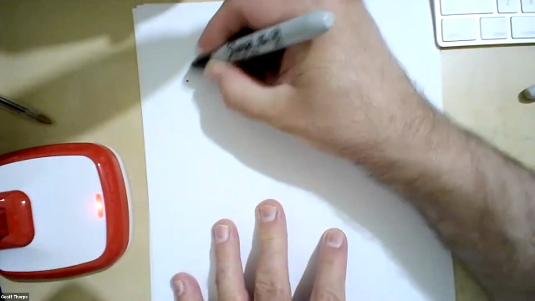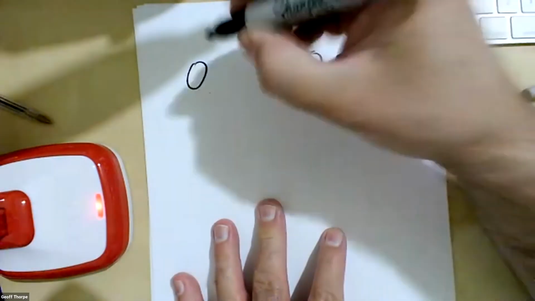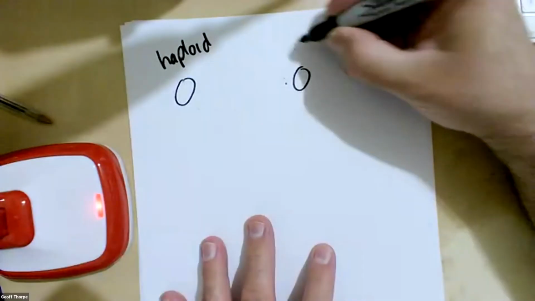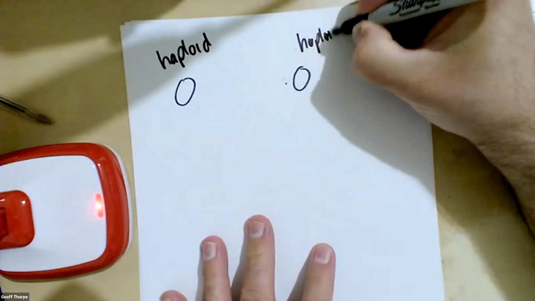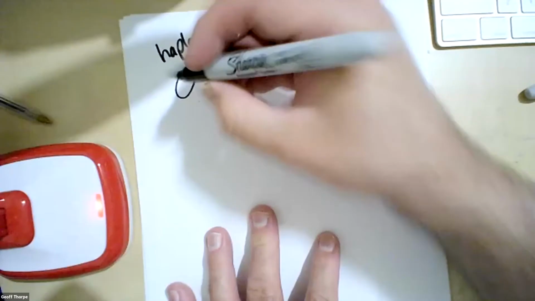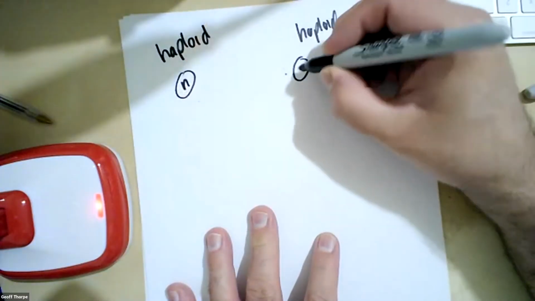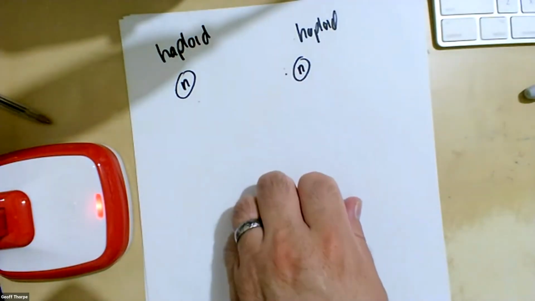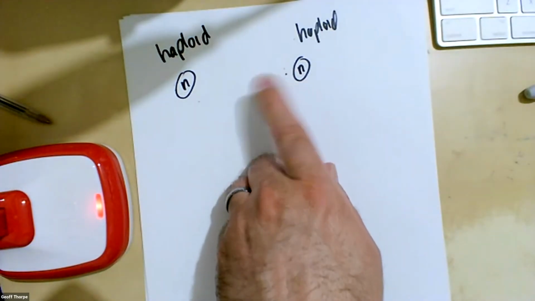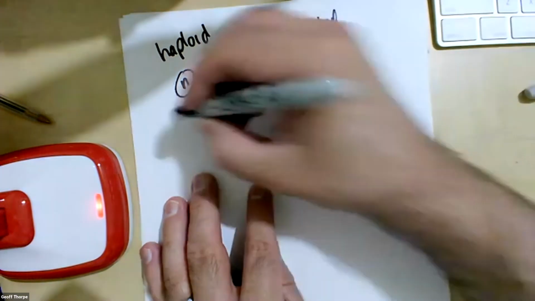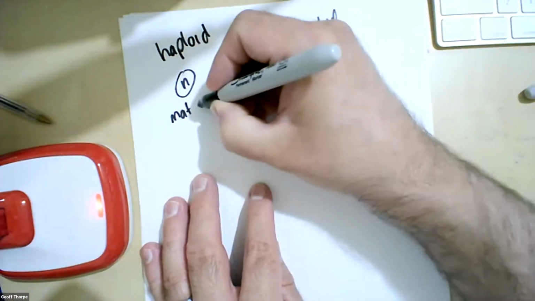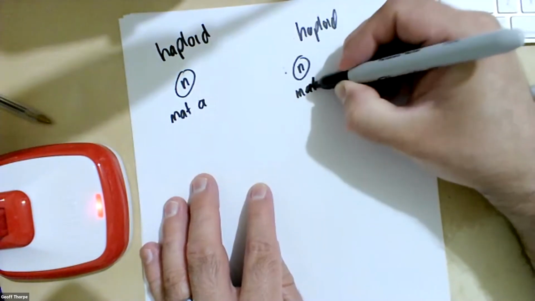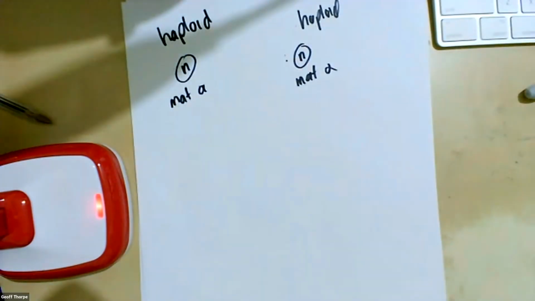If we start off, we'll have two haploid yeast. I'll say haploid, and also denote the haploid just by having a single N. Often the two in front of the N will denote diploid, and just a single N will denote haploid. And I'll say they're the two mating types, which with Saccharomyces cerevisiae is denoted by having a mat A and a mat alpha.